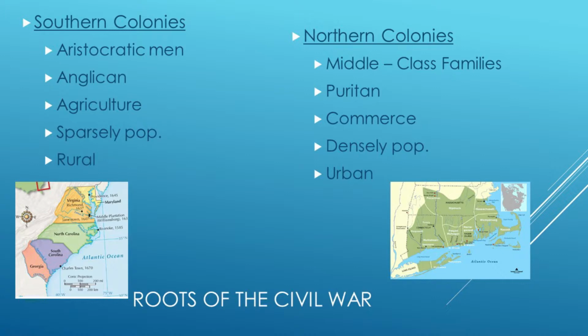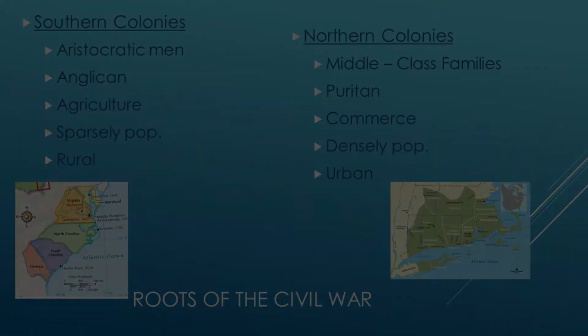So if you thought that the difference between the North and the South, the cause of the Civil War, was simply the issue of slavery, that's not the case. They differed on almost every factor in their development. They're going to develop entirely different cultures, different economic systems, different religious preferences.